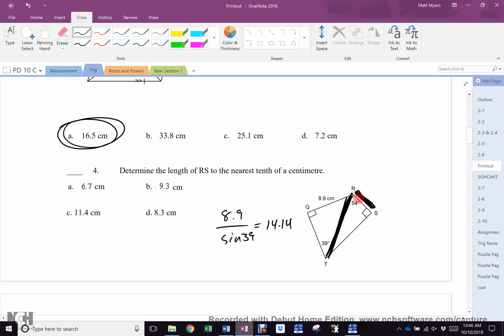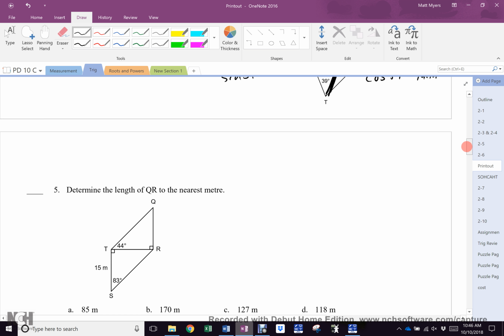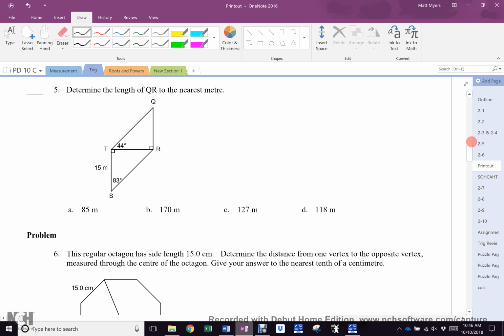And then over here, you needed cos of 54 equals adjacent over your hypotenuse, 14.14. So I just do 14.14 times cos 54, and I get 8.3. Determine the length of QR.